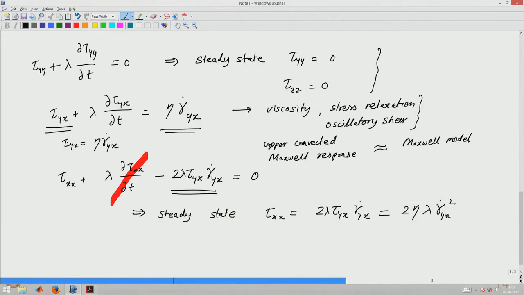So, what we can see here is the normal stress which arose in the material, in this case the upper convected Maxwell fluid, is related to the square of the strain rate in the material, and of course, it is also proportional to the relaxation time. Remember that relaxation time is an indicator of the elasticity in the material.